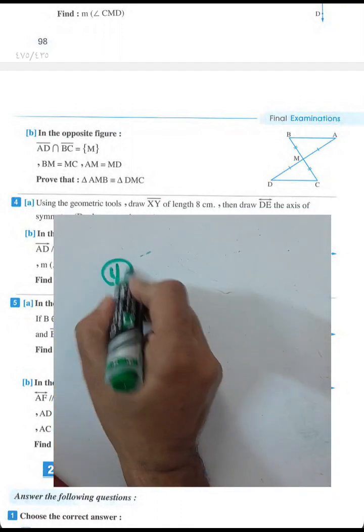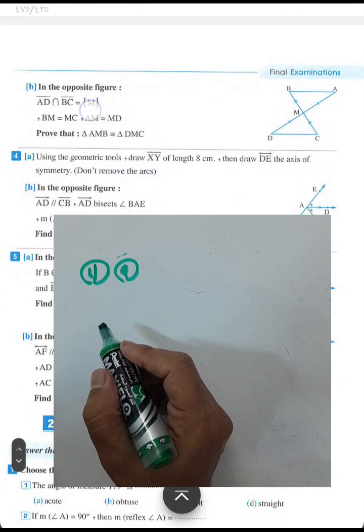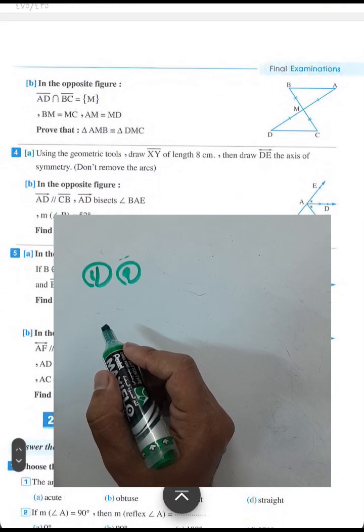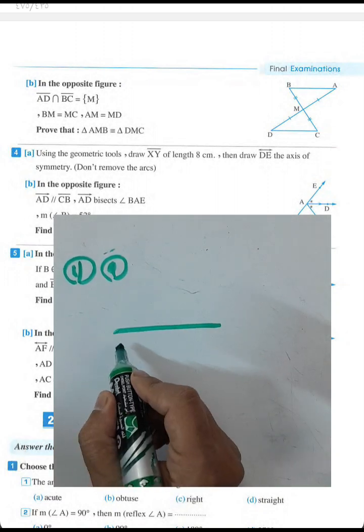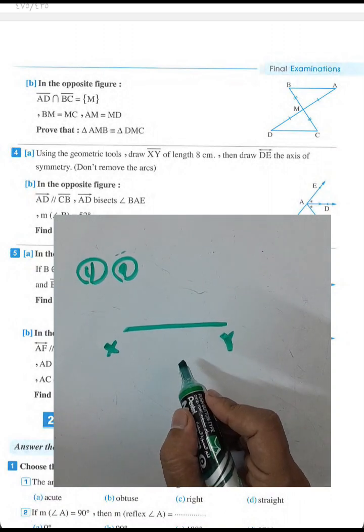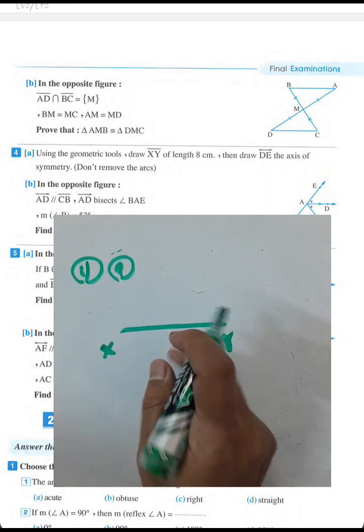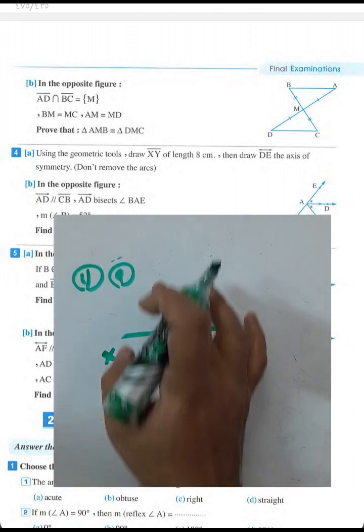Question number 4, letter A. Using geometric tools, draw XY of length 8 cm. Use the ruler to draw XY 8 cm, then draw DE perpendicular to the base. It's a line of symmetry, perpendicular and right here in the middle.